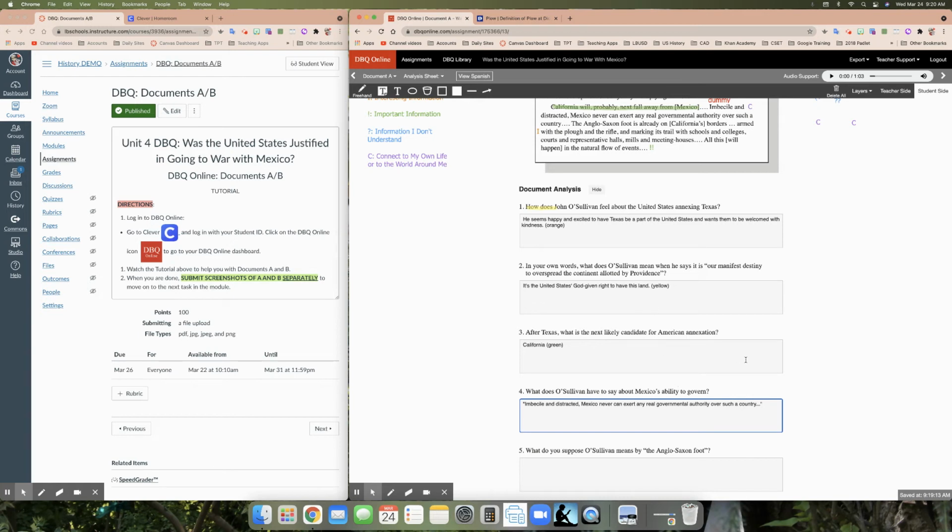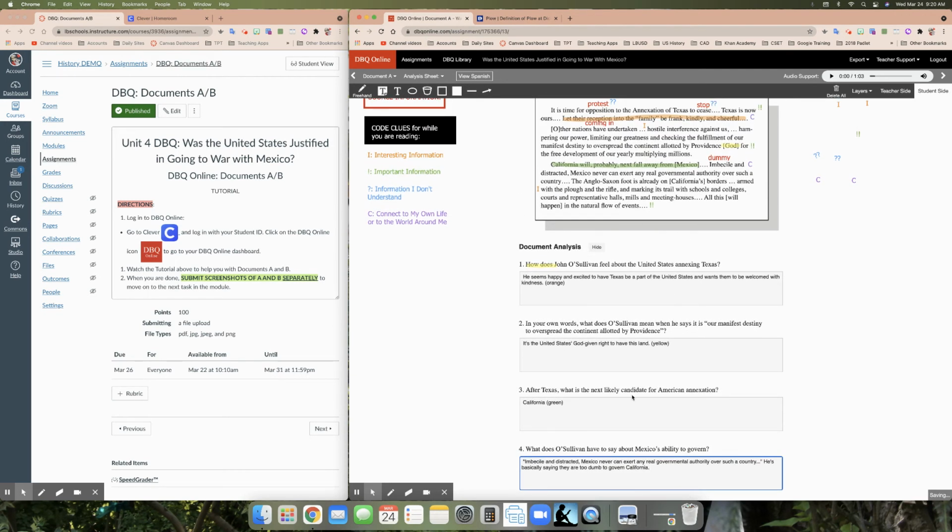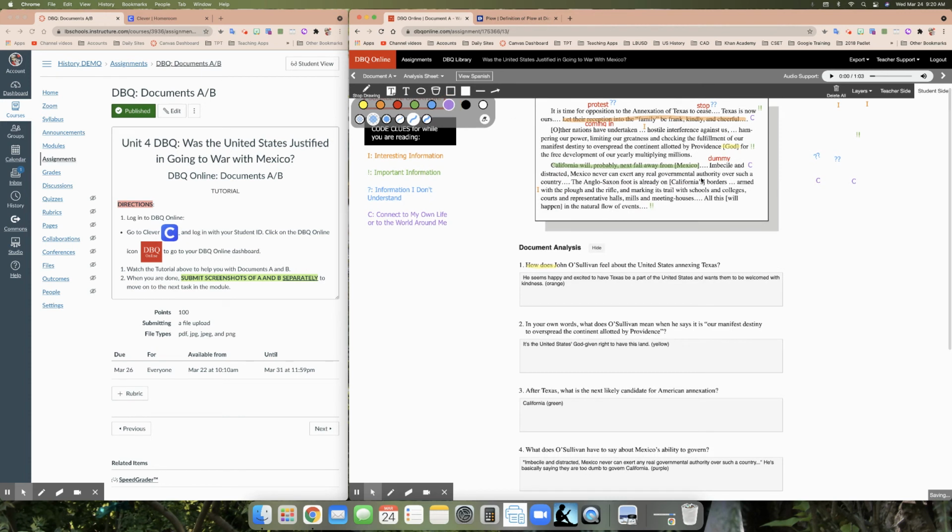And then because imbecile is basically dummy, I'm going to add that. He's basically saying they are too dumb to govern California. So I'm going to go ahead and highlight that in purple.